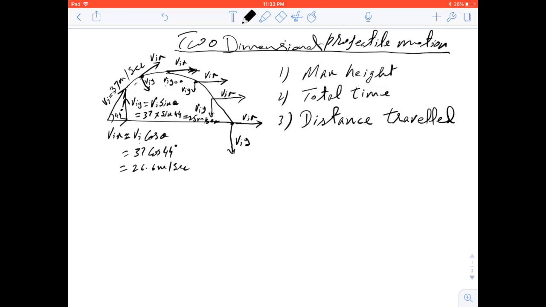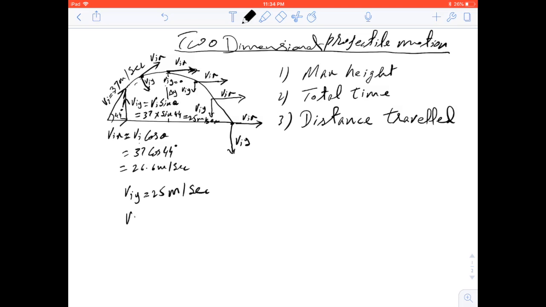To find the maximum height, as we are finding the maximum height of the projectile, we consider only the vertical component of the initial velocity, which is very important to understand. So this height we need to calculate, which is delta y. The initial velocity of the y component is 25 meters per second.